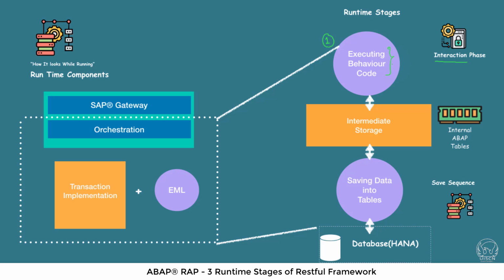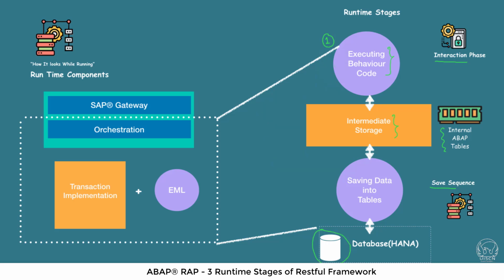That code is getting executed, and it interacts with certain internal storage, internal ABAP tables, which we call intermediate storage. These intermediate storages are then, with the help of a save sequence, stored in the database. So that is basically three stages.